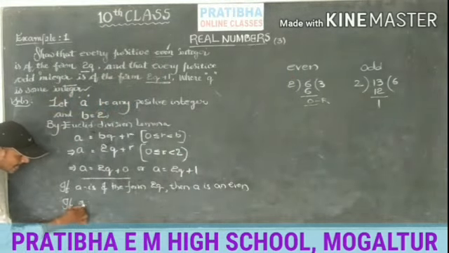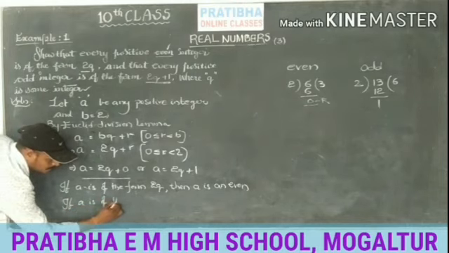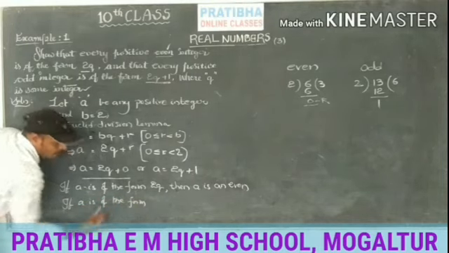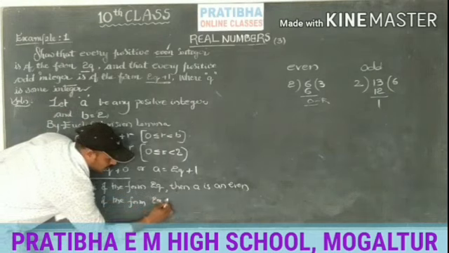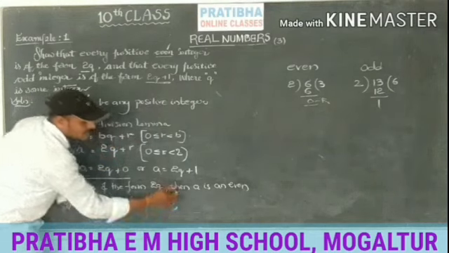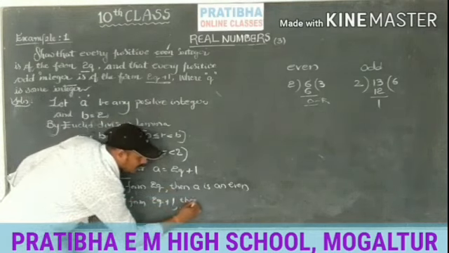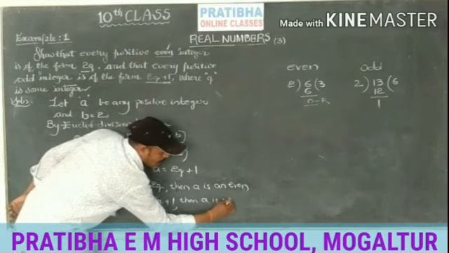If a is of the form 2q plus 1, here the remainder is 1, then a is odd.